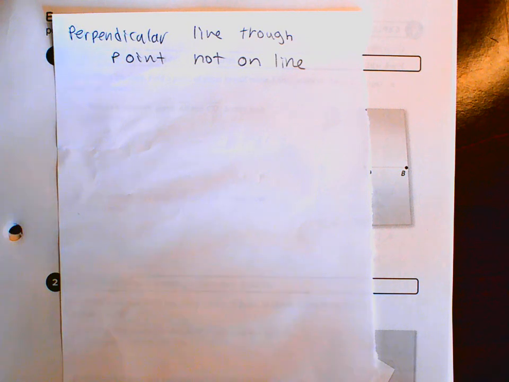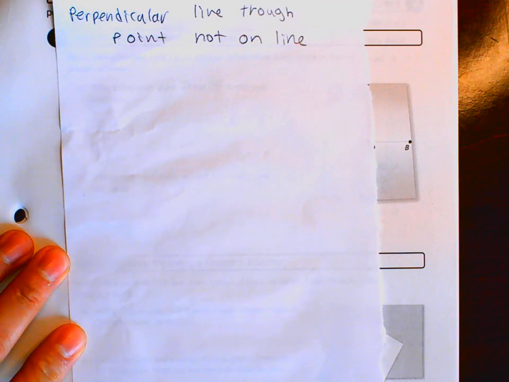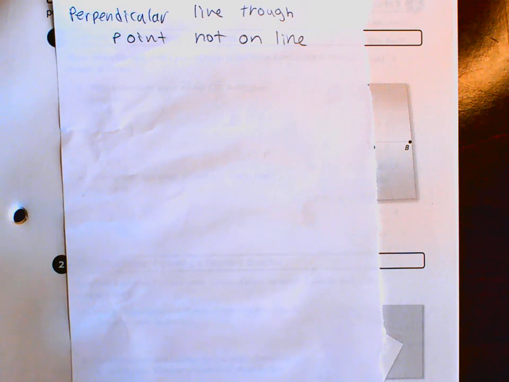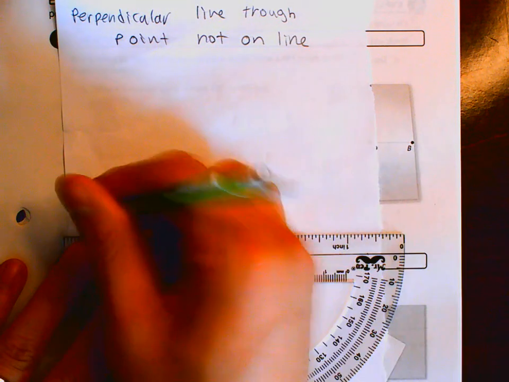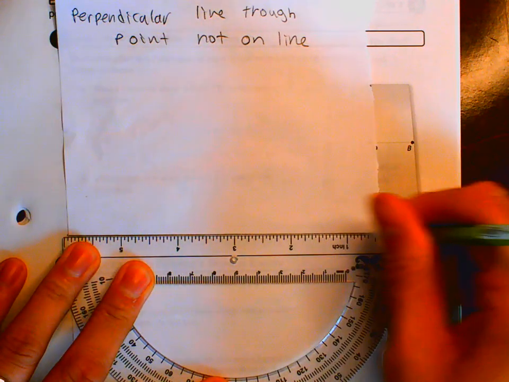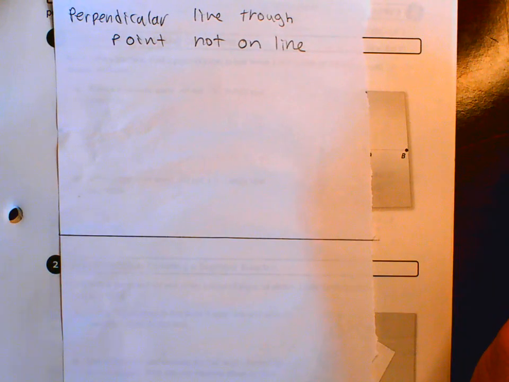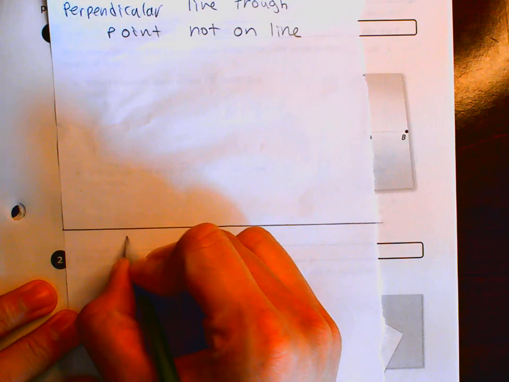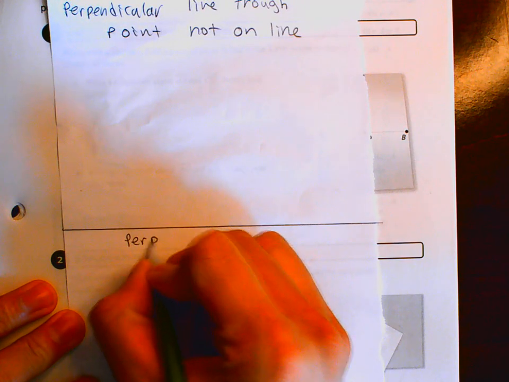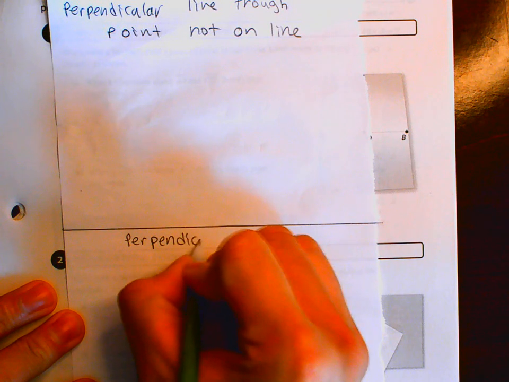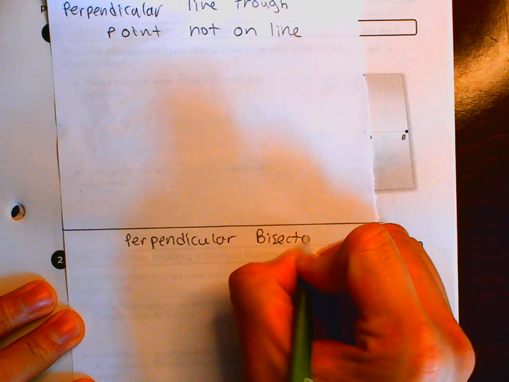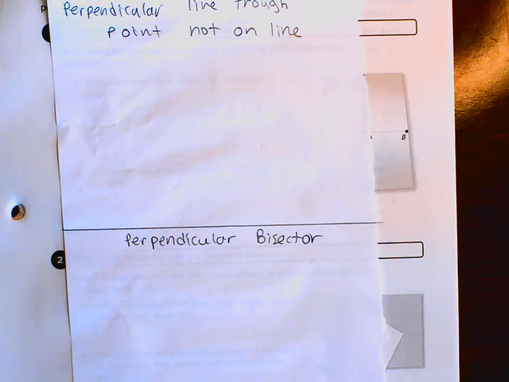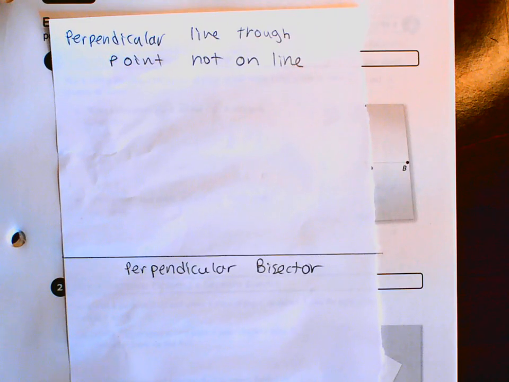Okay, so in order to do that, we're going to need to split this into two different parts. So we're going to do the perpendicular bisector. Now the first one that we said we were going to do is a perpendicular line through a point not on the line.